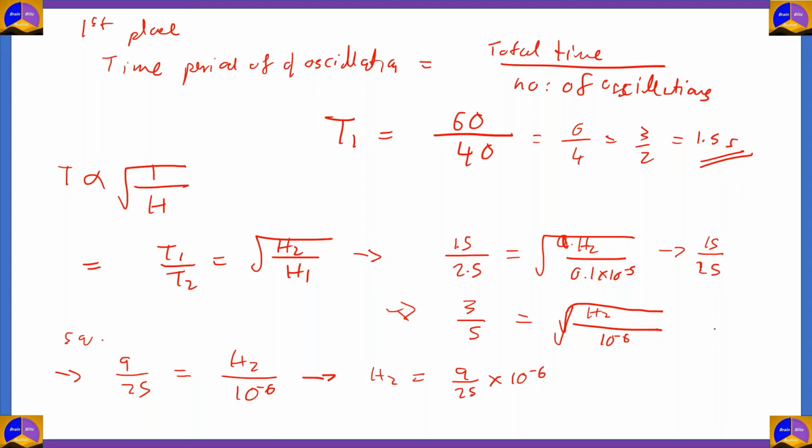Let's divide it right here due to the space. 9 divided by 25. 25 doesn't go into 9, so we put a 0 next to 9, and the point comes there. 25 goes into 90 3 times, that's 75. 15 remainder, again put another 0, that's 150. 25 goes 6 times, so 150 minus 150 is 0. So the value for H2, which is the magnetic intensity of the Earth in this question, will be 0.36 into 10 raised to minus 6.